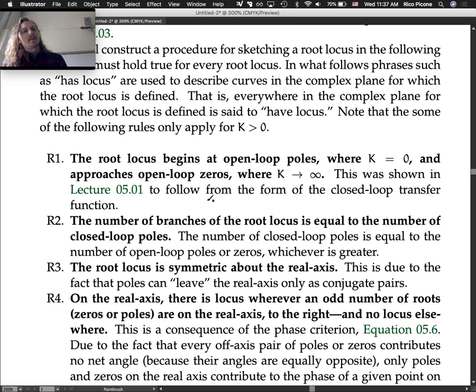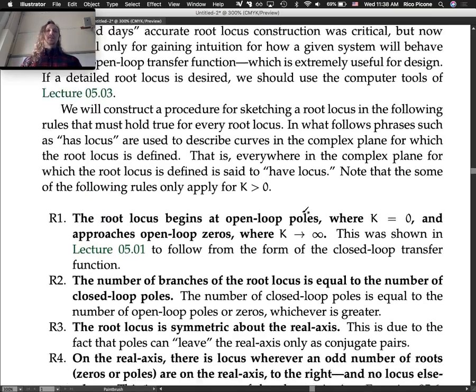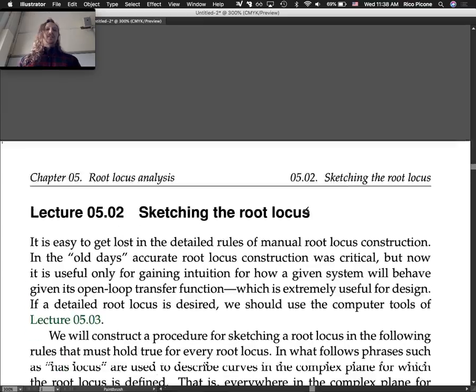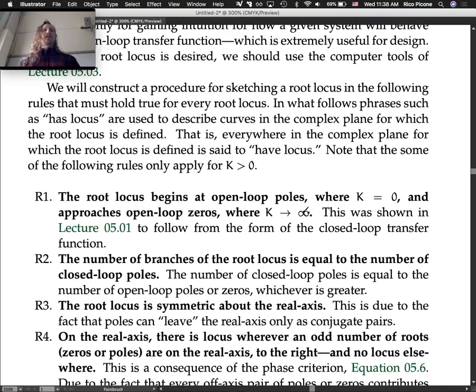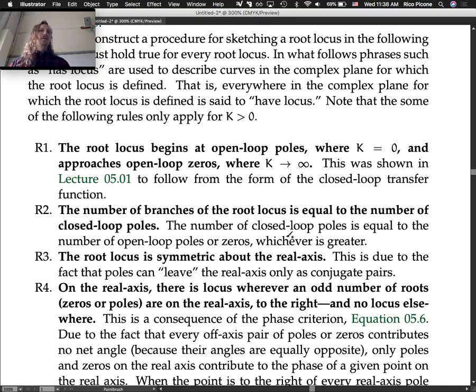So rule 1, you have to respect all these rules as you construct the root locus. The root locus must begin at open loop poles where k equals 0 and approach or end at open loop zeros where k goes to infinity. This was shown in lecture 5.1, the one we just did a minute ago, and follows from the form of the closed loop transfer function.